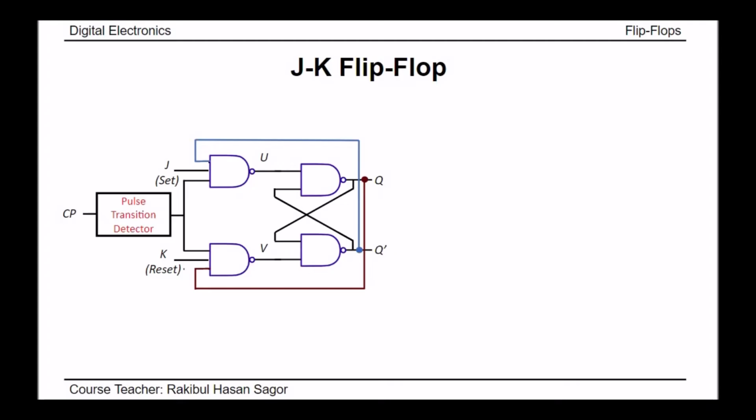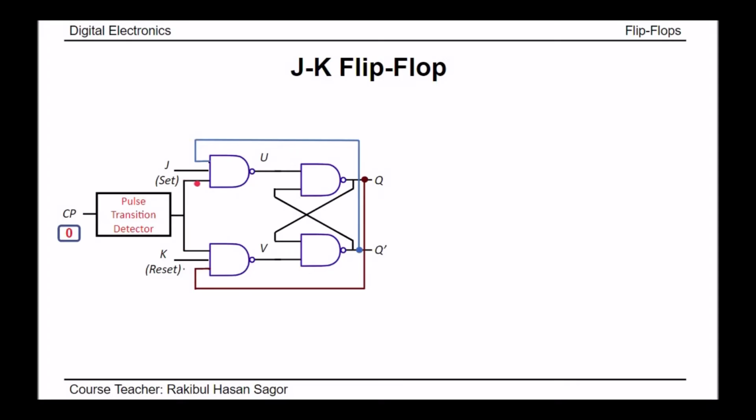Now let me describe the operating principle of this JK flip-flop. Let's start with the clock pulse value equal to 0. When the clock pulse value is 0, this 0 will appear here because there is no transition.